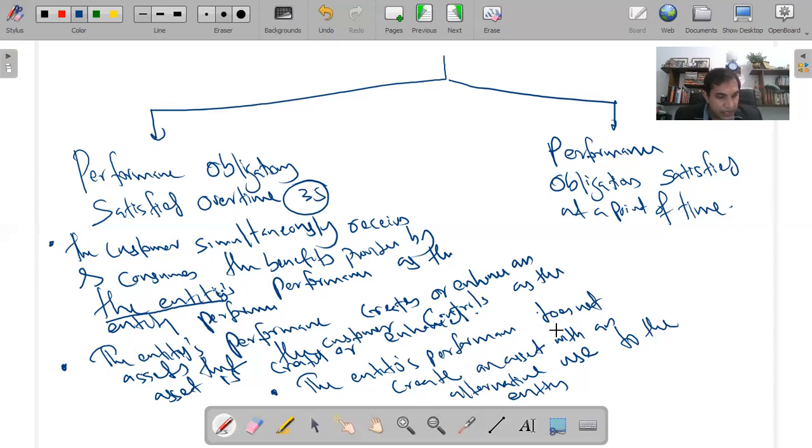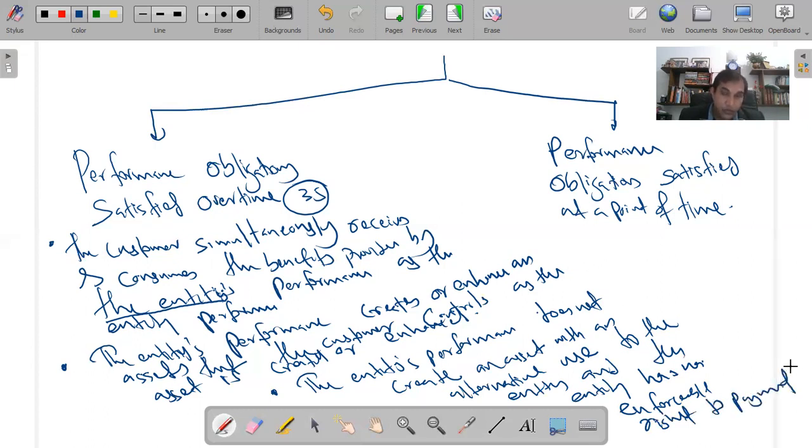I'm repeating again, the entity's performance does not create an asset with an alternative use to the entity, and the entity has an enforceable right to payment for performance completed to date, right?